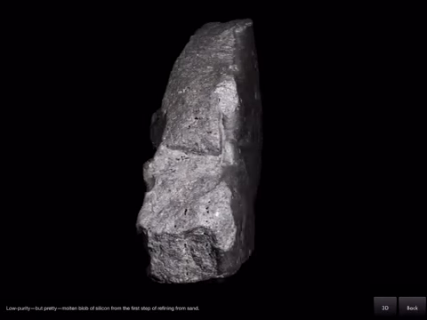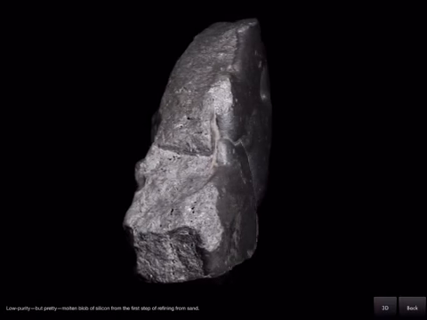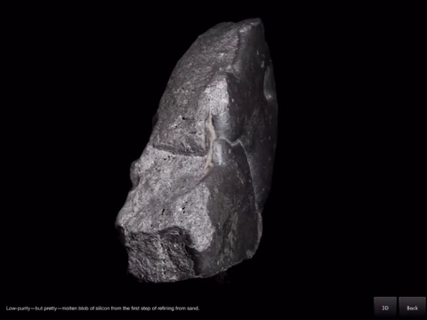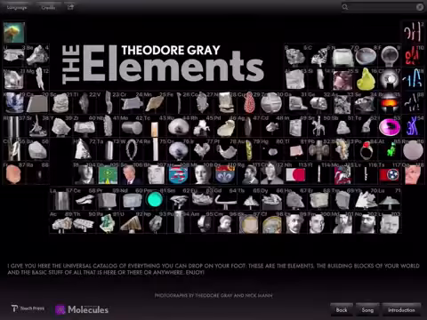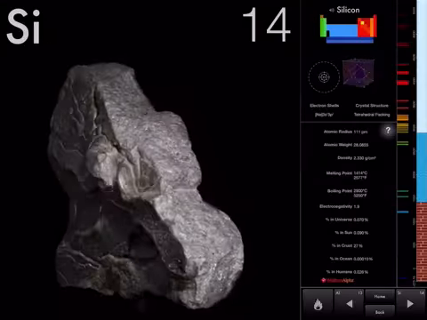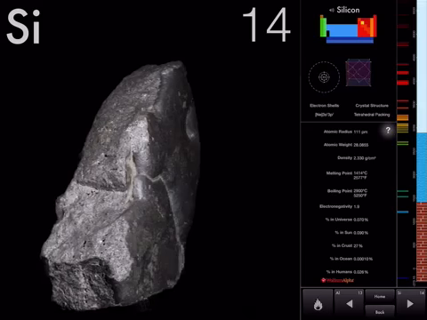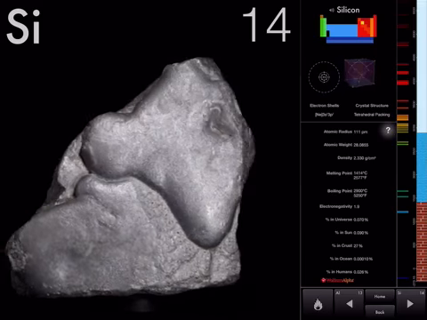It's got like a crystal structure to it. It's like a shiny crystal. Is this a metal or a non-metal? It's kind of both. So silicon, if you look at silicon, it is the basis of our computer technology.